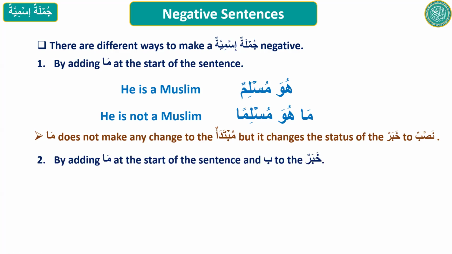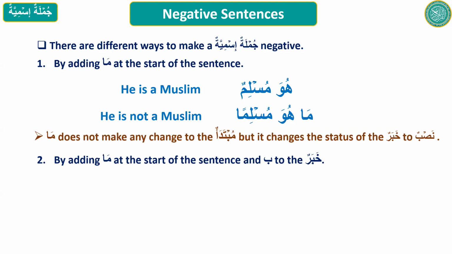Second method, by adding a ma at the start of the sentence, and then you add one more thing. You add a ba to the khabar, which is actually a b, ba with kasra. By adding a ma at the start of the sentence, as we did in the previous example, but you do one more thing.